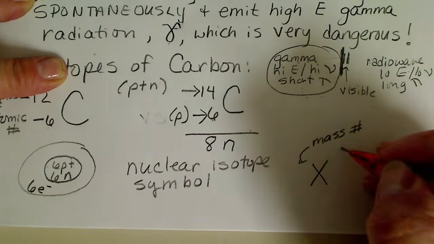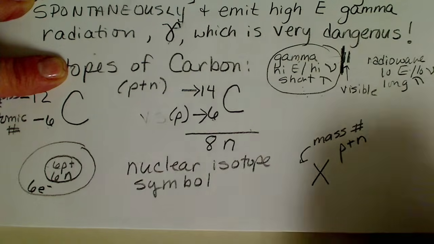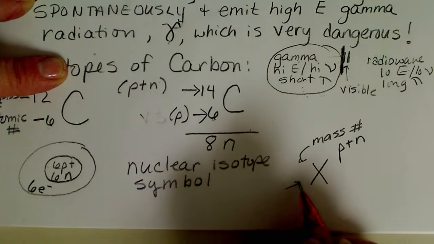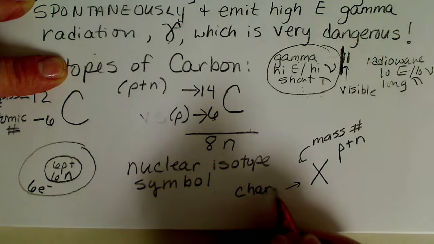The mass number is always the protons plus the neutrons. And the bottom number is still the atomic number, but we're going to call that number the charge.